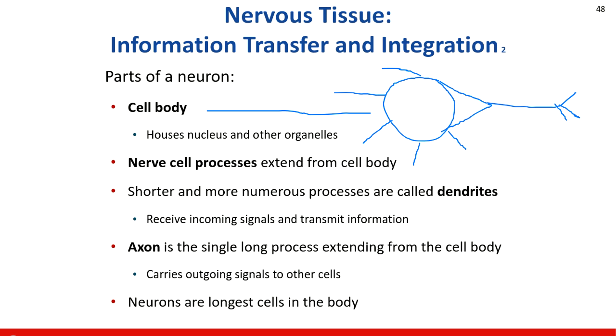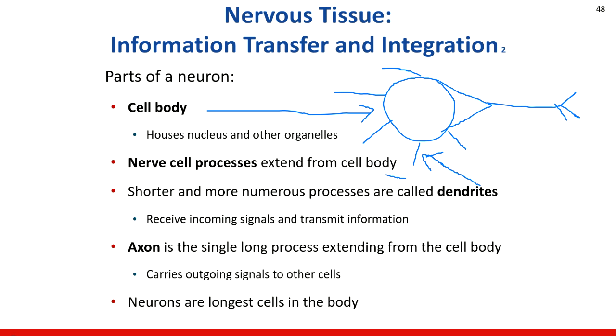That's where you're going to find the nucleus and all the organelles inside, like the rough endoplasmic reticulum and whatnot. So you'll have these nerve processes that come off the cell body, and those are referred to as dendrites. Their job is to receive incoming signals, but at the same time, they'll also transmit information onto other neurons.